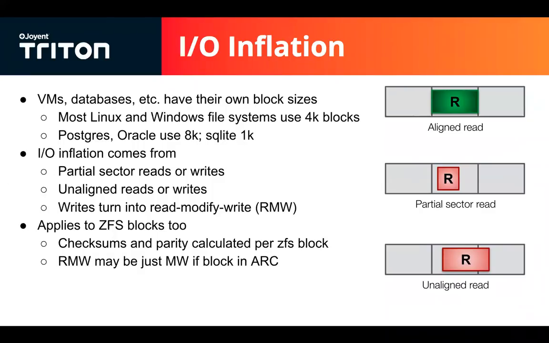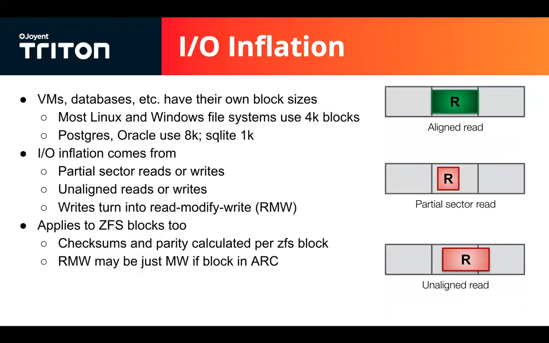If we're talking containers and potentially other uses, we'll potentially have databases running natively. So Postgres, for example, not so much Oracle, perhaps SQLite. Postgres and Oracle have a default page size, they call it. Oracle might call it block size, I forget, of 8K. SQLite defaults to 1K. So if you're doing a whole bunch of I/O on those with 128K file system block size, you're probably going to have a whole lot of I/O inflation.